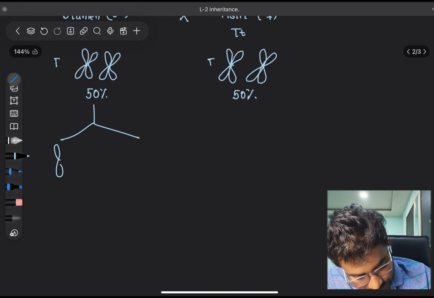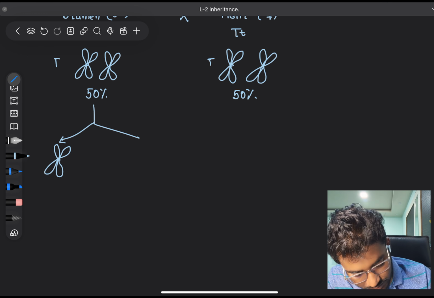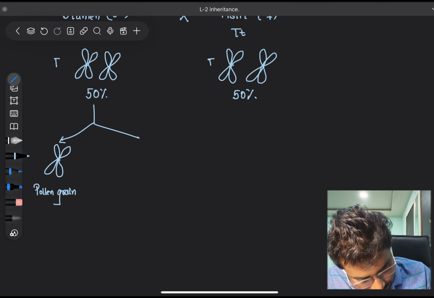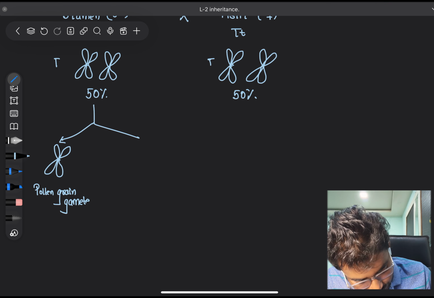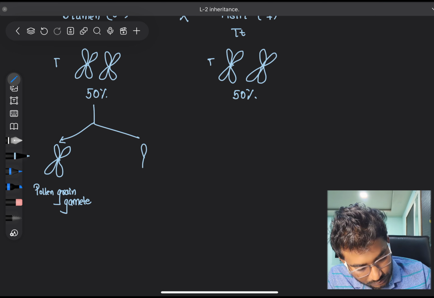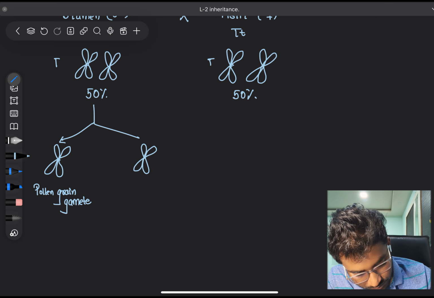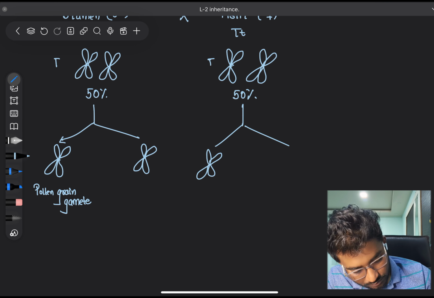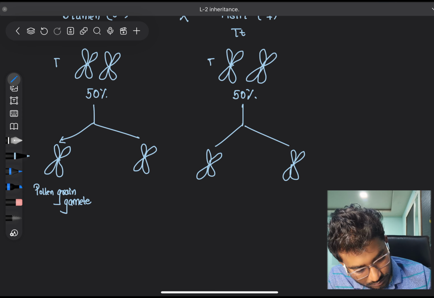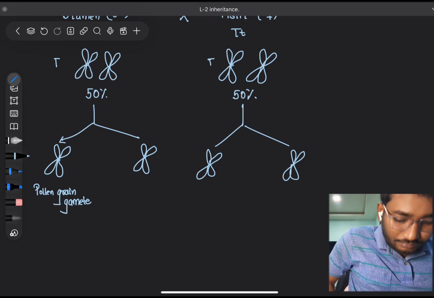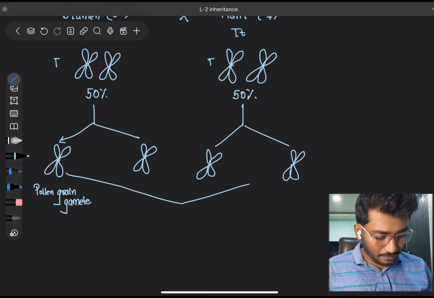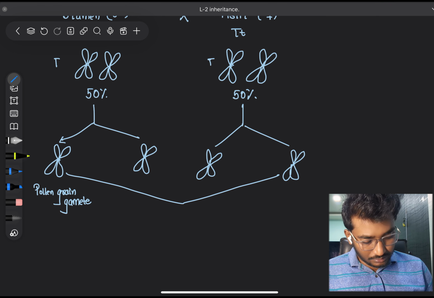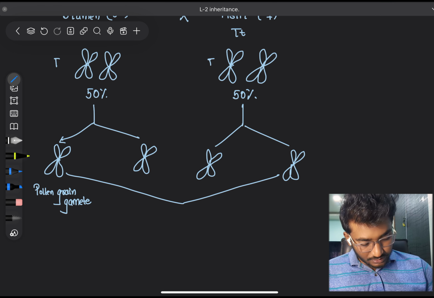Now what happens from here? The pollen grain gamete comes here, and here also. These two undergo fusion.